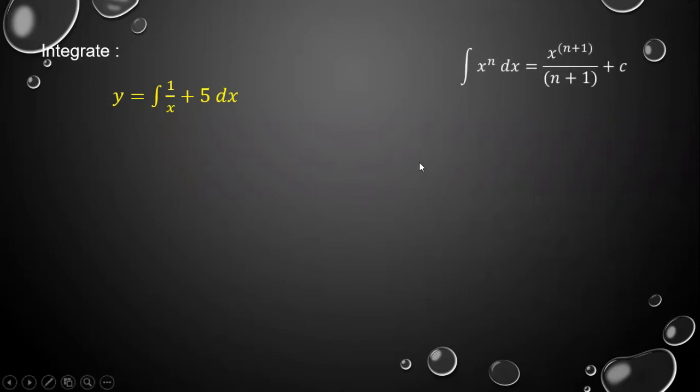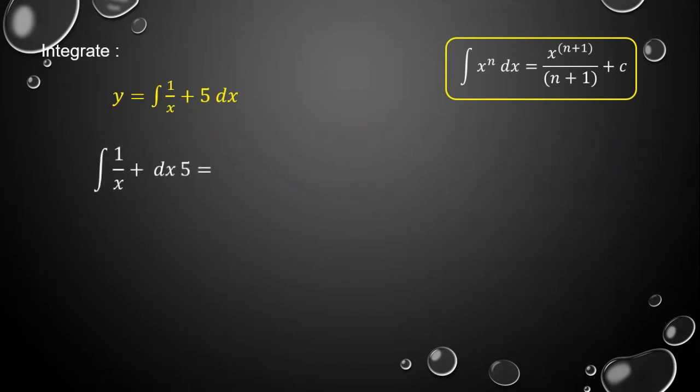Okay, next, student. The next example. Integrate y equal integral 1 over x plus 5 dx. Once again, I want to give you this one. Make sure remember this concept of the integration.